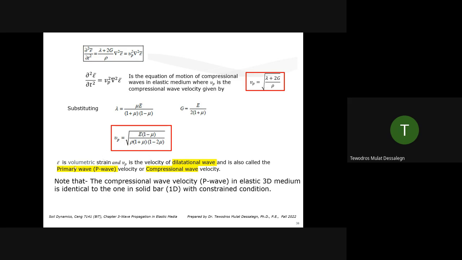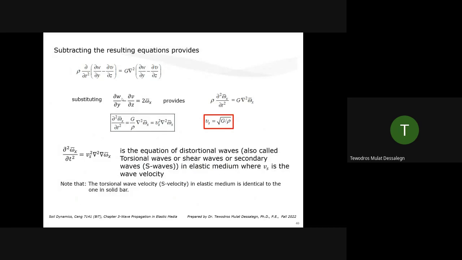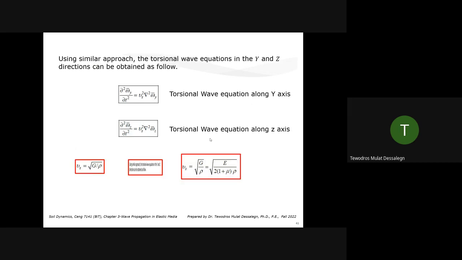The P wave can have different names: dilatational wave, primary wave, P wave, or compressional wave. Similar to the 3D primary wave, we also looked at the torsional waves and found similar equations for the wave velocity for the shear case.